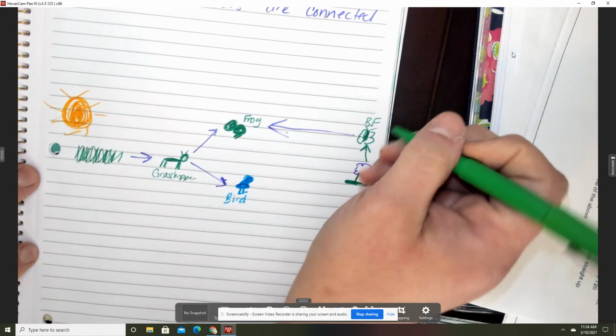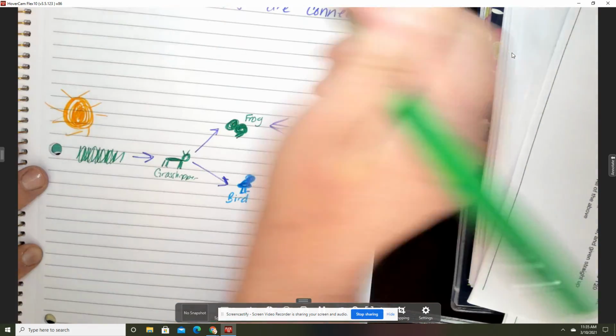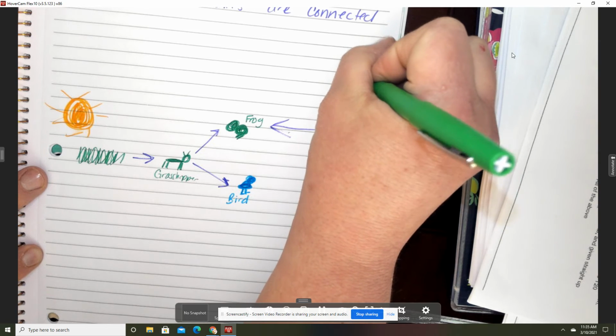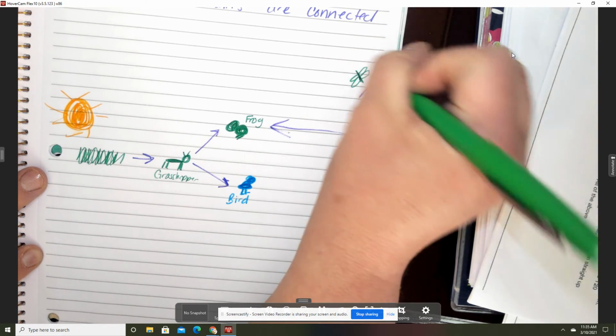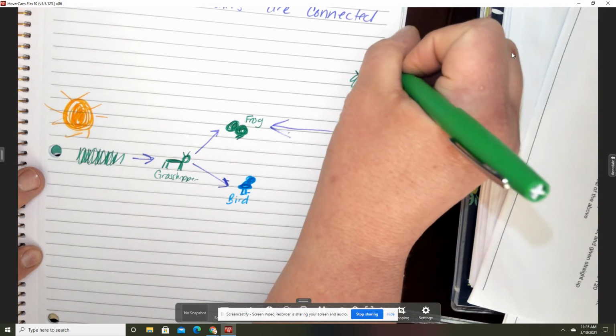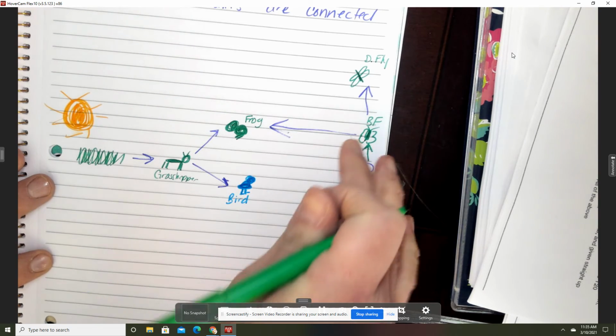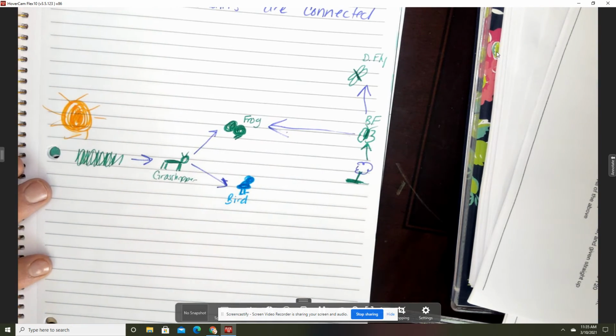But then also the butterfly can be eaten by a dragonfly. That's probably the most thing I've drawn that looks like what it's supposed to. Then the butterfly can be eaten by the dragonfly. Okay. And maybe it's getting eaten by a bird.